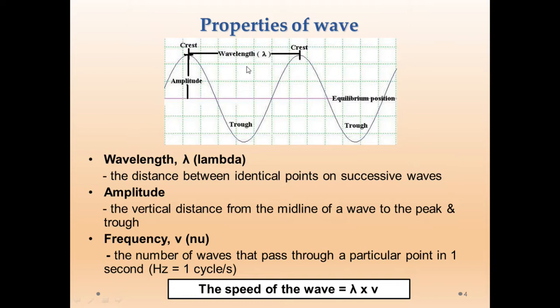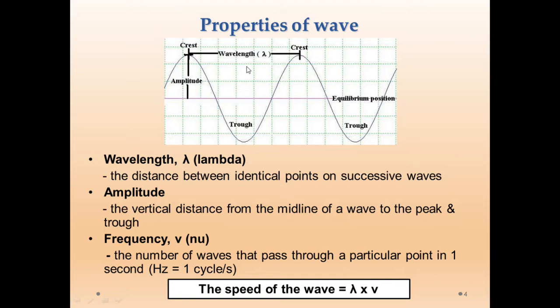Amplitude here refers to the maximum distance in this particular region, the vertical distance from the midline of the wave to a peak, or to this drop. Frequency is defined as the number of waves that pass through a particular point in 1 second.